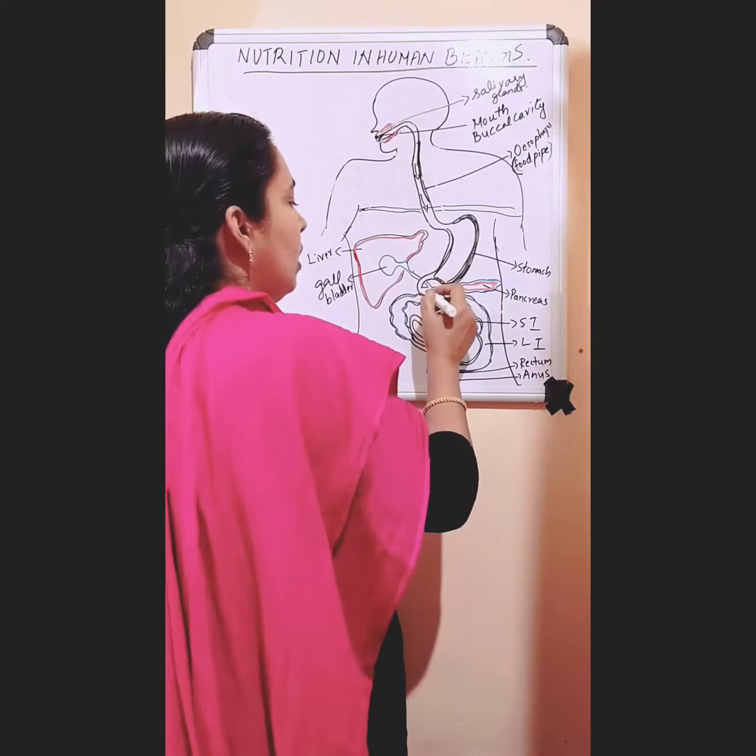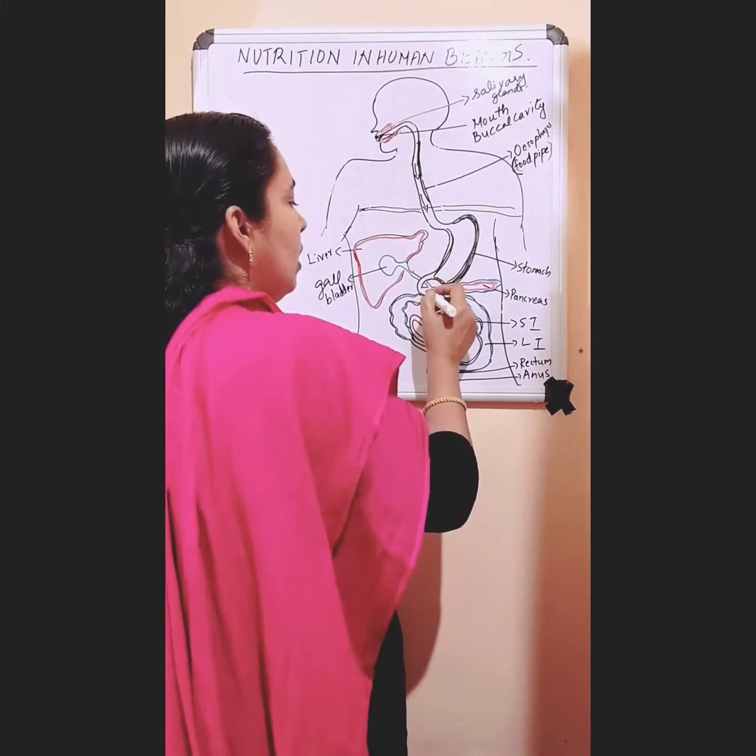So here also digestion of protein is not completed. So enzyme trypsin also digests the proteins. It will digest the peptones into peptides, or you can just say it will digest the proteins. And enzyme lipase will break down the fats.